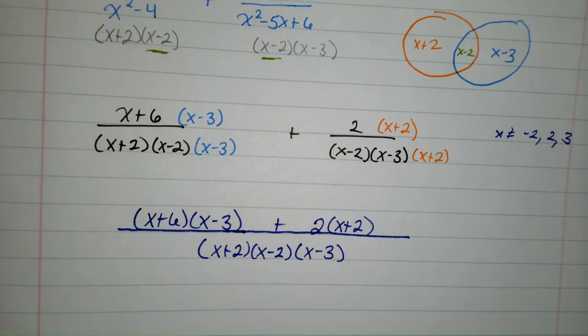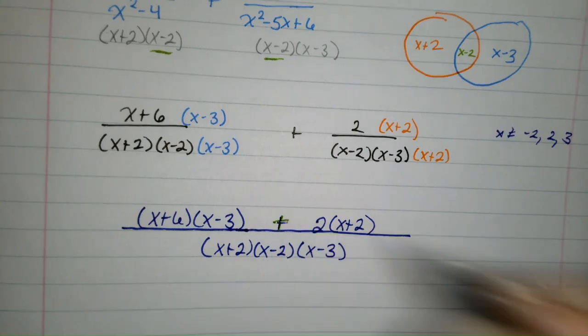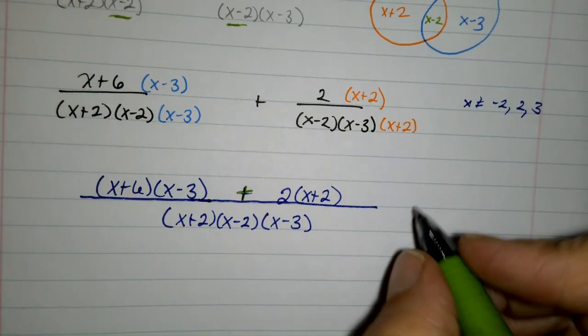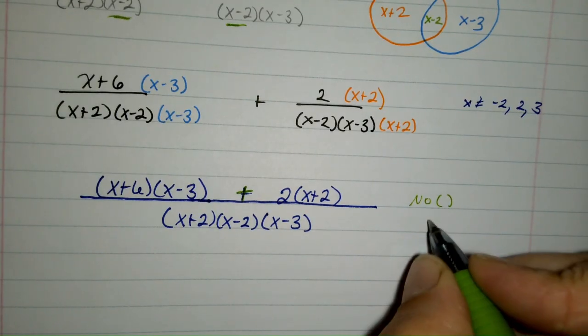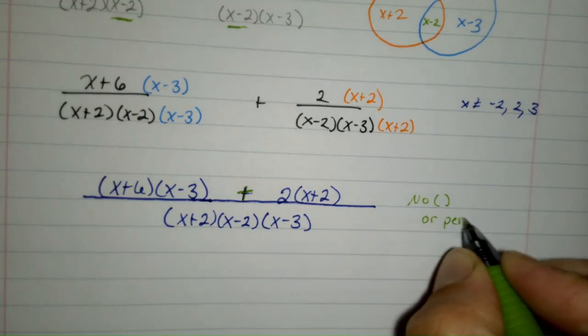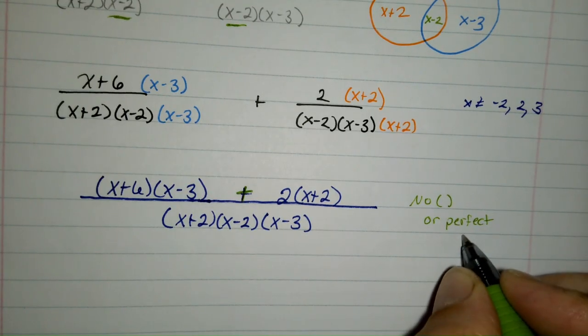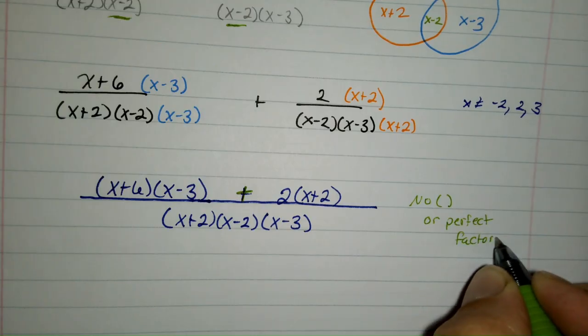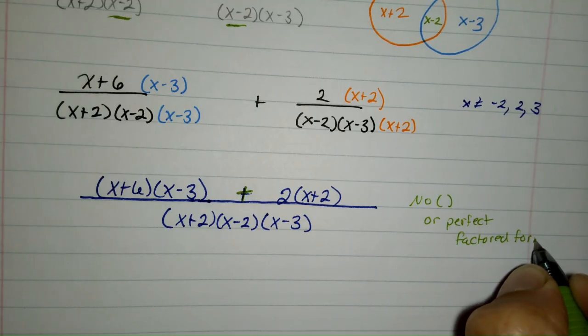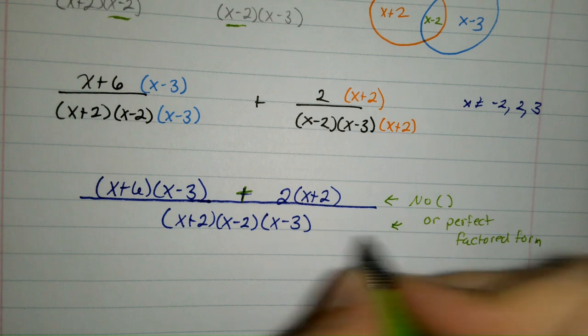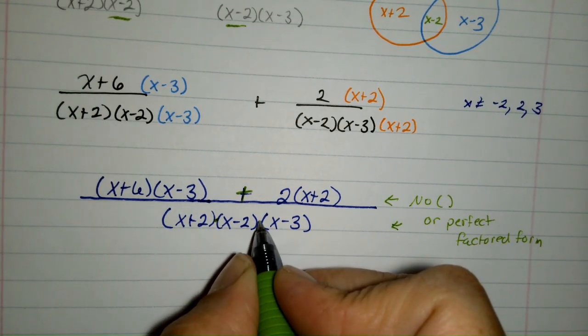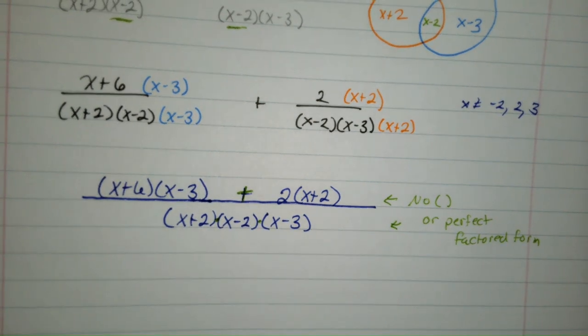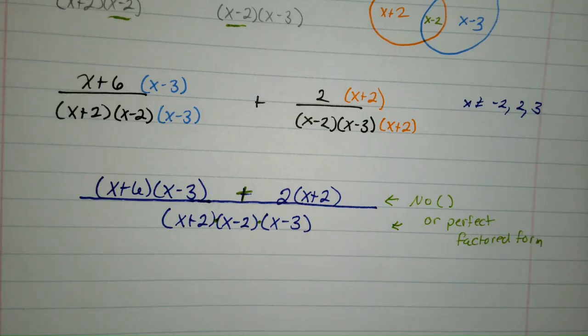And the numerator is not because of this plus sign. Okay, so either no parentheses or perfect factored form. And that holds true for both the numerator and the denominator. The denominator is there because this is written as a product. The numerator is not. So now we get to multiply a lot of stuff.